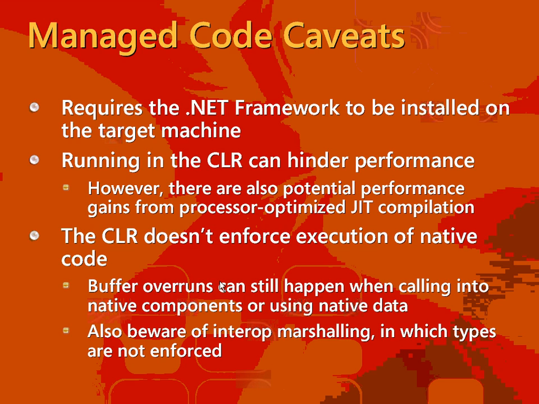The first two here, the first one is that the .NET Framework is required on the client machine in order to run managed code. So there could be potentially a deployment hit there, although the majority of Windows machines out there today do have the .NET Framework installed via Windows Update or via other applications. Secondarily, there is a possibility that running in the CLR could hinder performance.